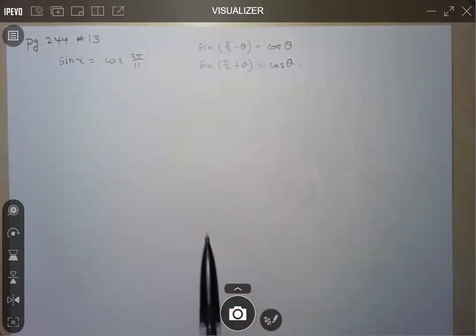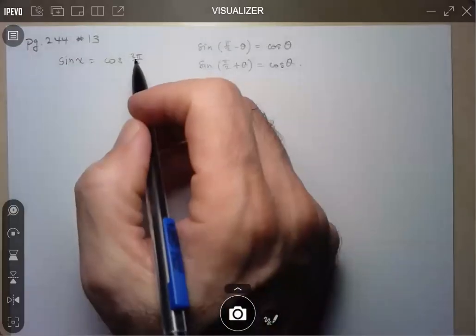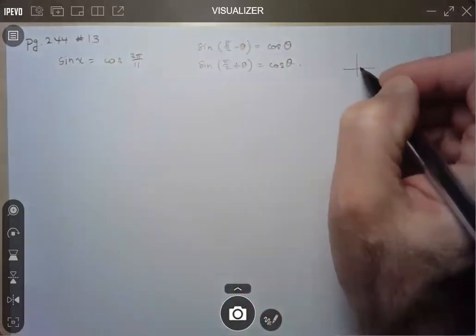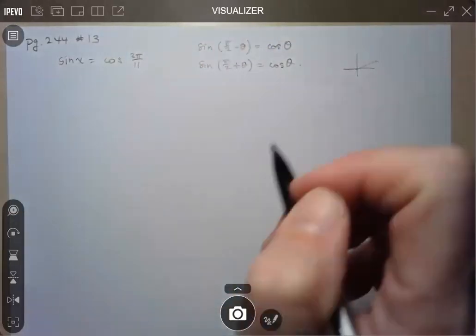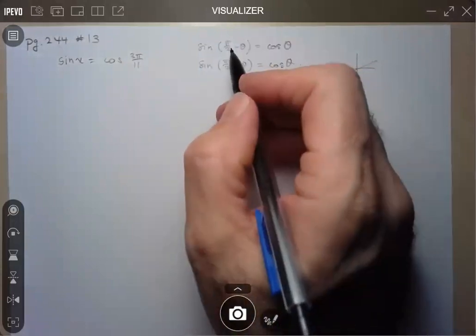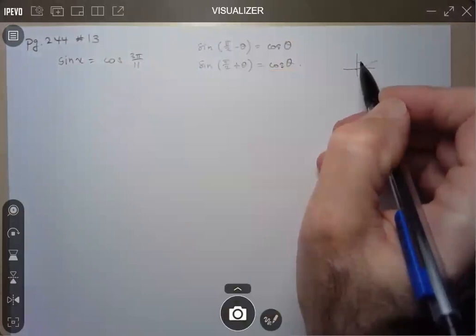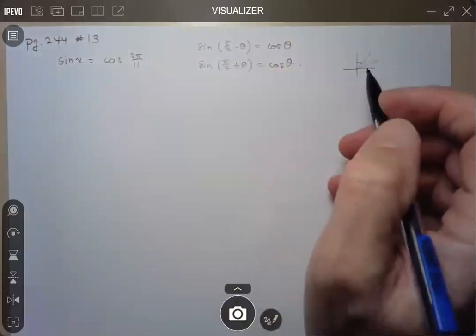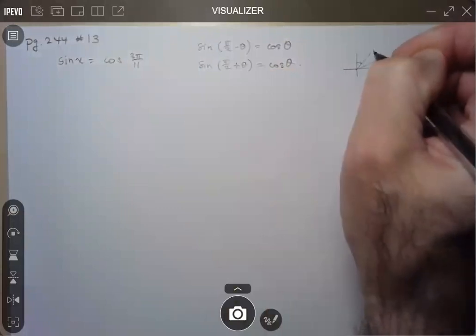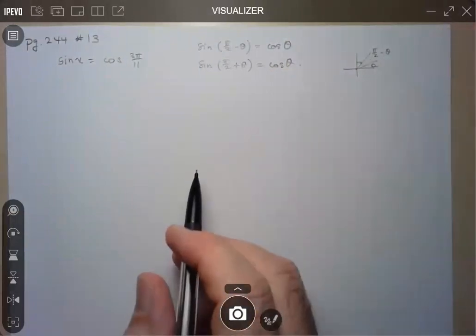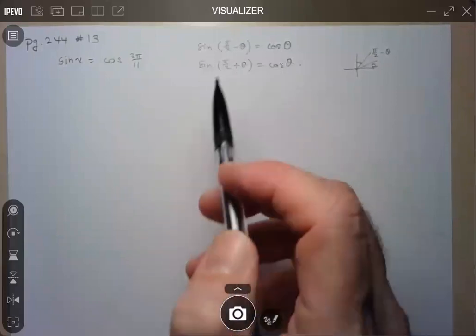The problem is that 3 pi over 11 is definitely less than pi over 2, so it's in the first quadrant. And if I do pi over 2 minus 3 pi over 11, I'm still in the first quadrant. So if this is my theta and this is pi over 2 minus theta, I'm still in the first quadrant. That's why I'm not going to use this one here.